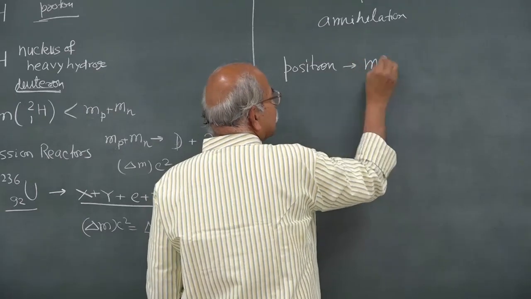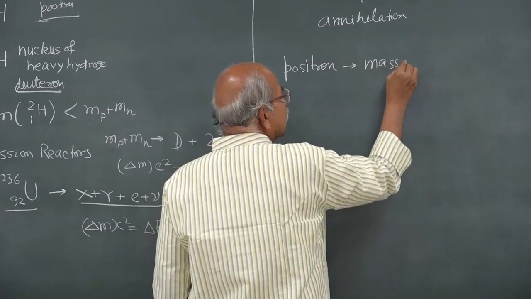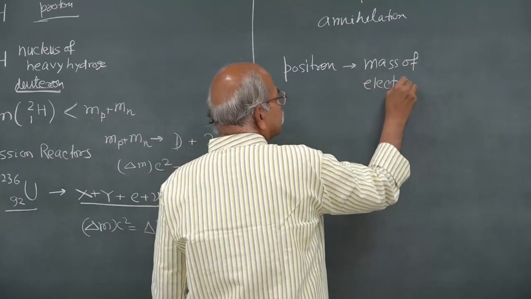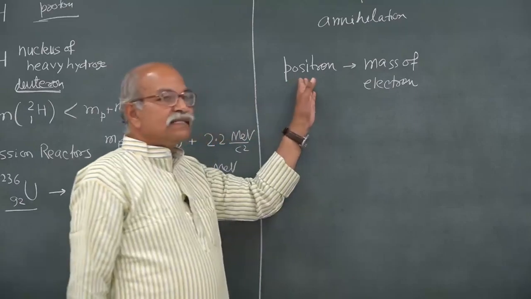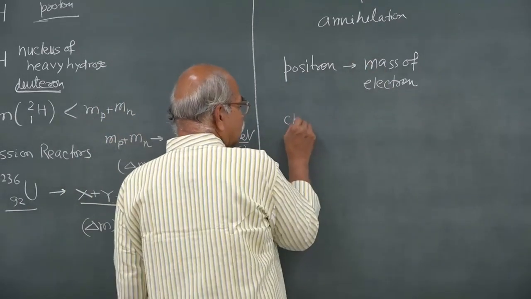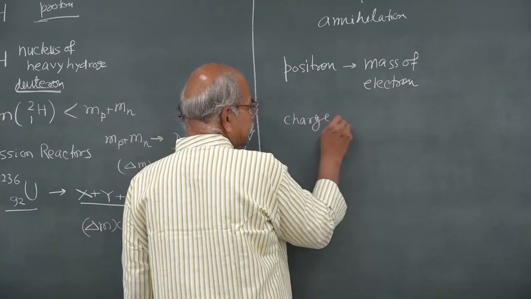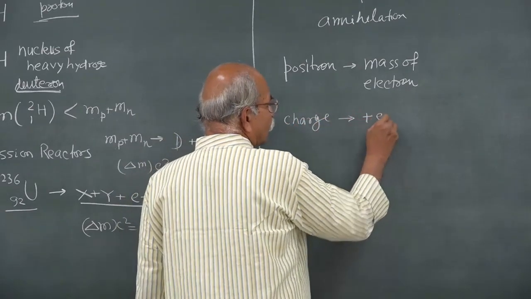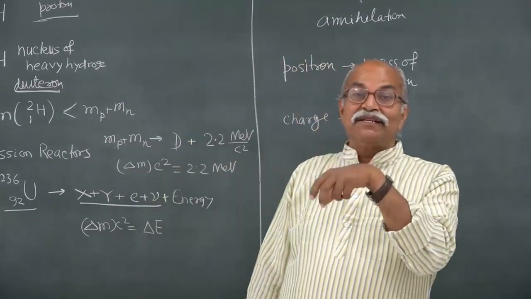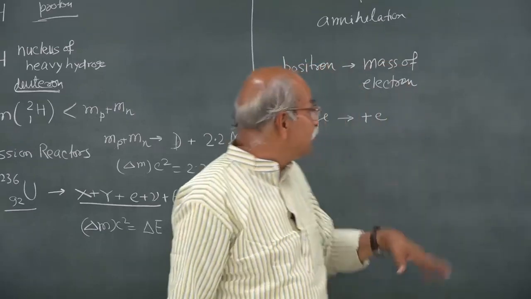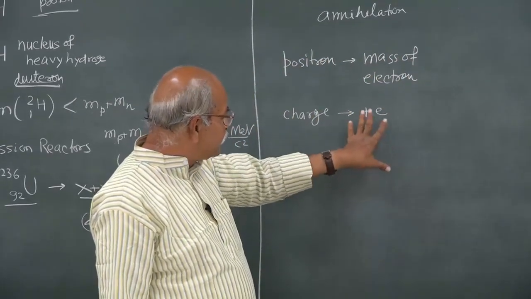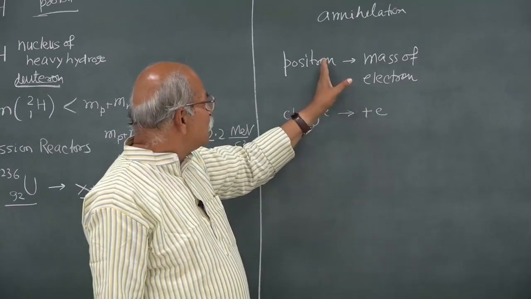Mass of this positron is exactly the same as the mass of the electron. Then charge is plus e, same as that on a proton. There are many other things which are not important in this discussion. So, these are called positrons.